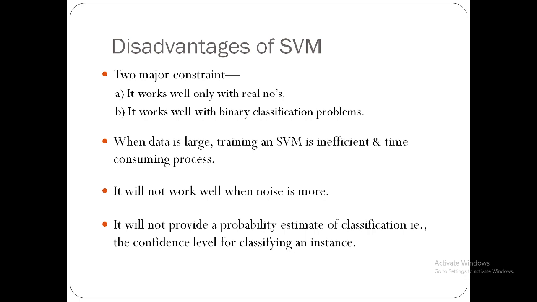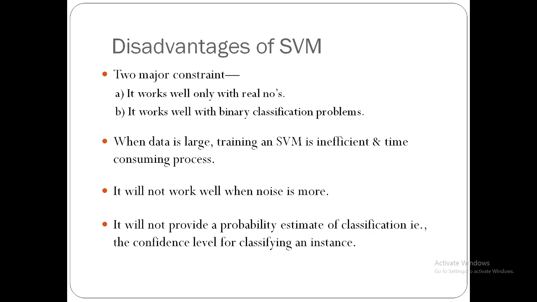When data is large, training an SVM is an inefficient and time-consuming process. It will not work well when there is more noise in the data, and thus has to compute the soft margins. SVM will also not provide a probability estimate of classification, that is, the confidence level for classifying an instance.